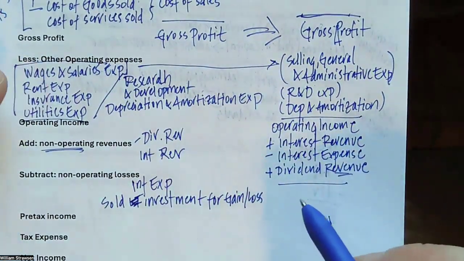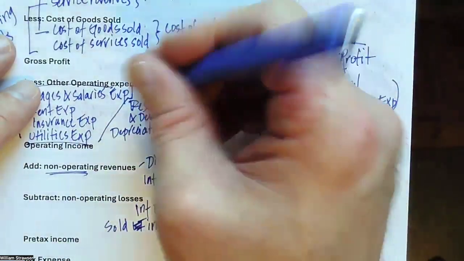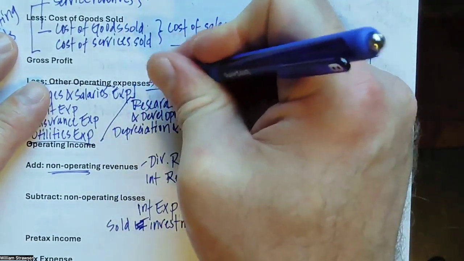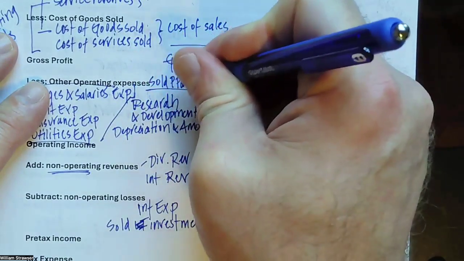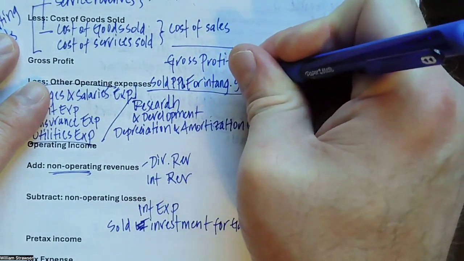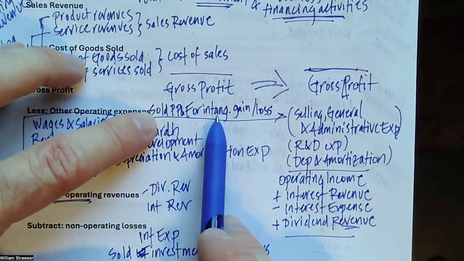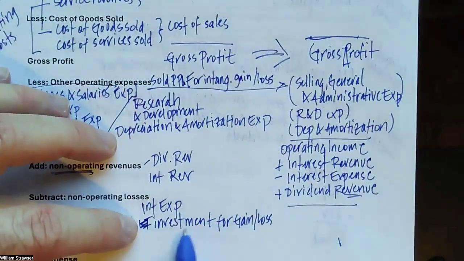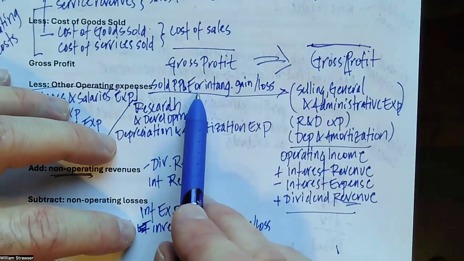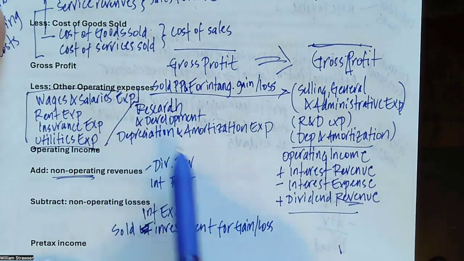And one other item that I forgot to mention that would show up in operating expenses would be if we sold PP&E or intangibles for a gain or loss. There is a distinction here because PP&E and intangibles are operating assets, whereas investments are not operating assets. So the gain or the loss from selling our operating assets is an operating expense or an operating revenue gain.